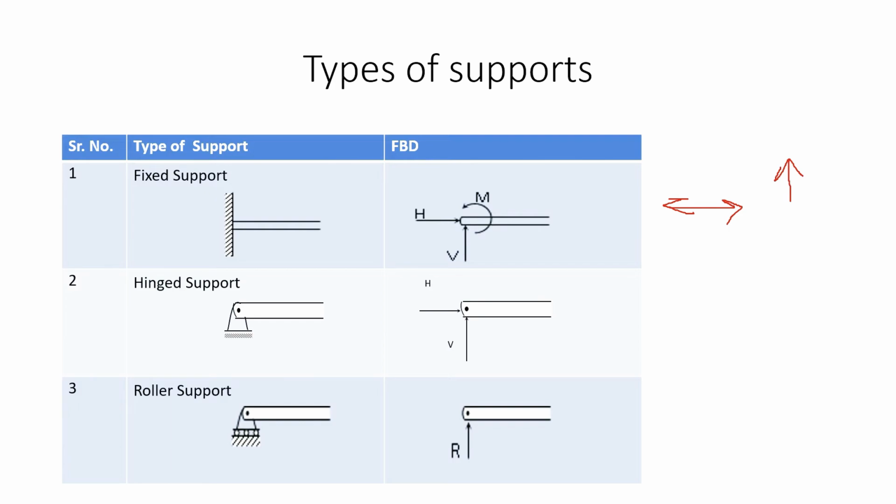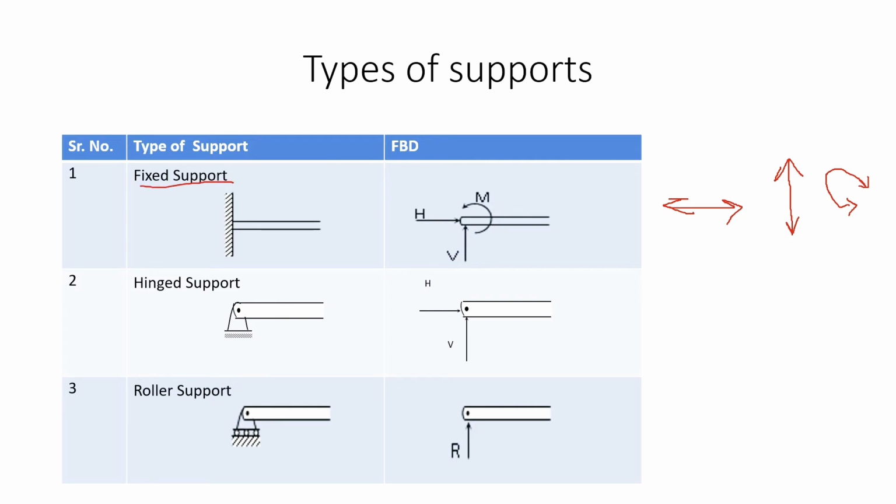Second, I can move along the positive and negative y-axis. And last, I can rotate within the screen in clockwise or anti-clockwise direction. Now with this funda, let us understand how we draw the free body diagram for the given type of support. So first is a fixed support.